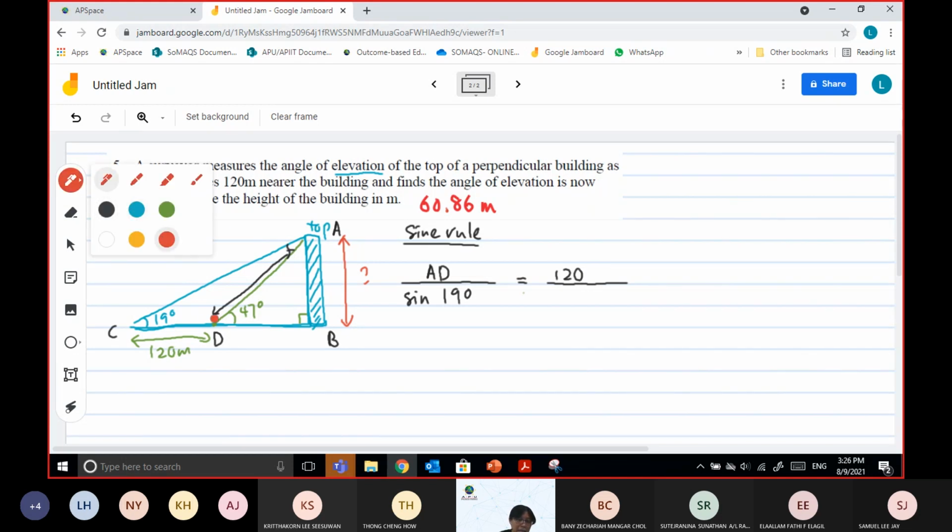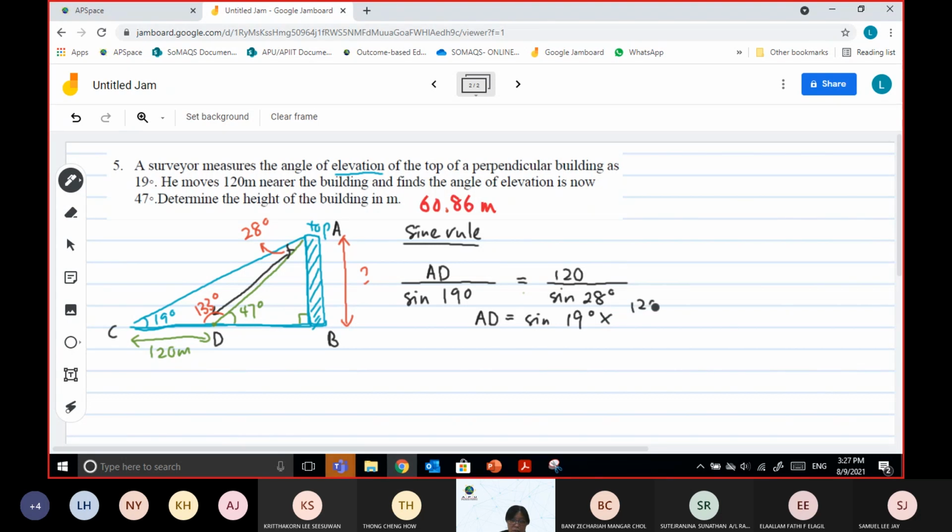We can get this angle first: 180 minus 47, so you're going to have 133. Once you get this angle, you get this angle as well, which is 28, right? So here will be sine 28 degree. So I managed to get AD as sine 19 degree times 120 over sine 28, which I get as 83.22 meter.